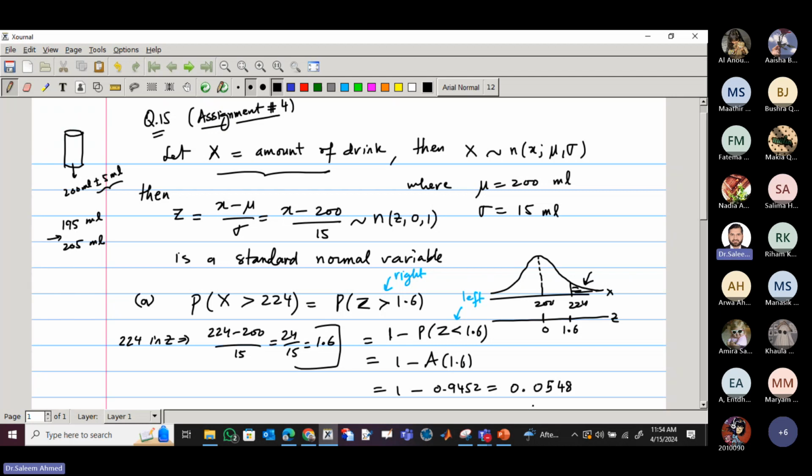So this is the fraction of the cups that will get a drink amount more than 220. So see, very less. Only 5.5% of the cups will get this huge amount.